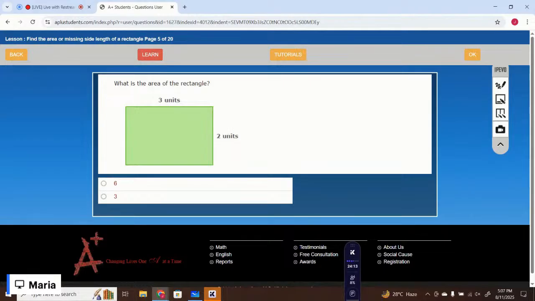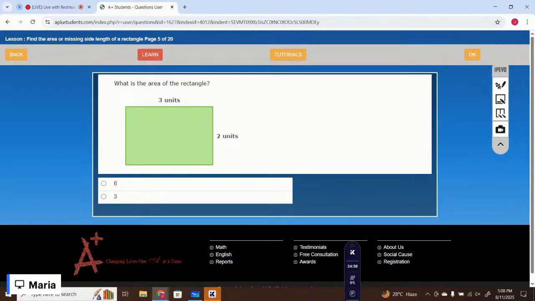What is the area of the rectangle? So 3 times 2 is 6.